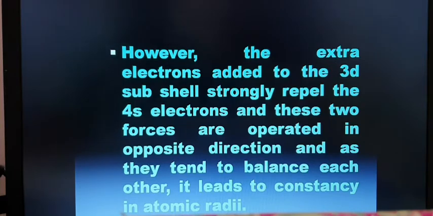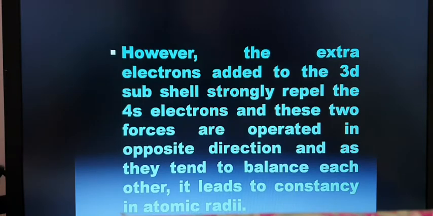These two forces operate in the opposite direction, and as they tend to balance each other, it leads to constancy in atomic radius. From scandium to vanadium, it decreases. Up to copper, the atomic radius remains nearly constant.